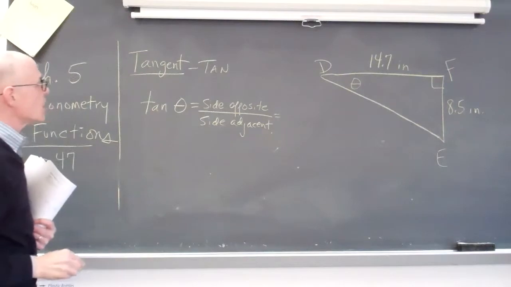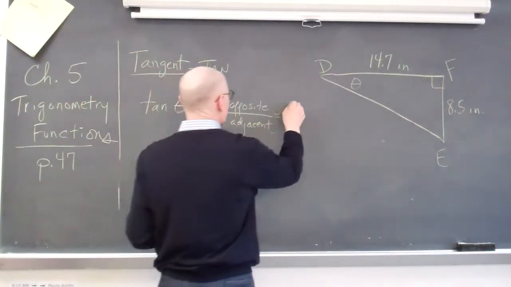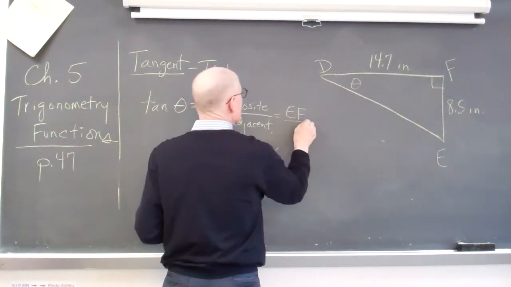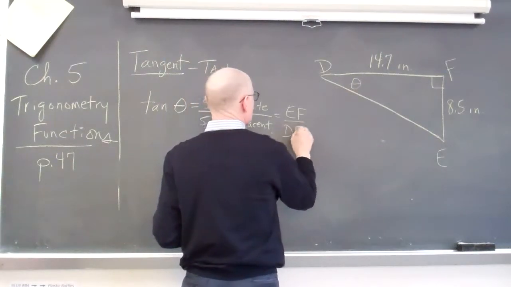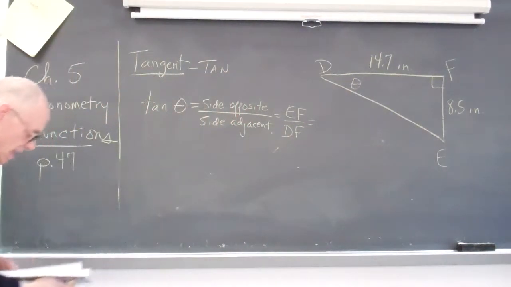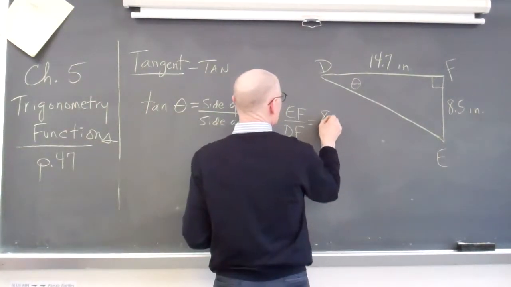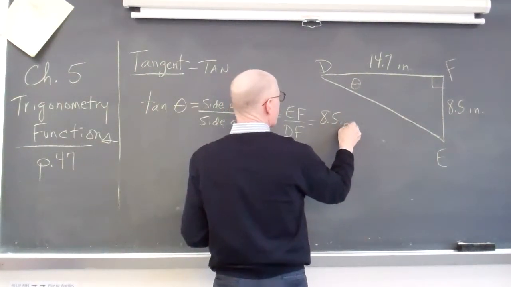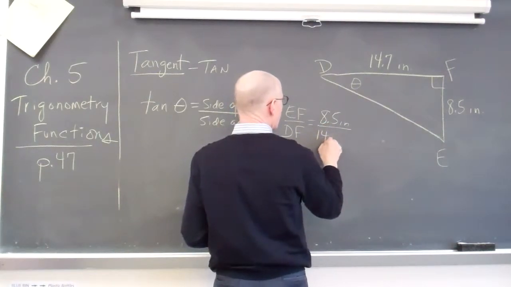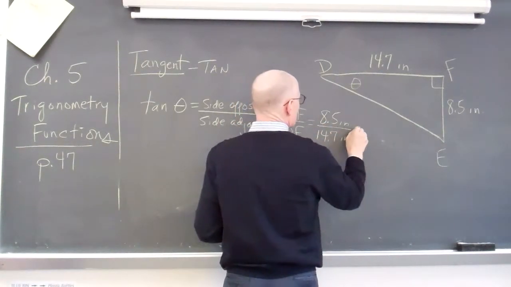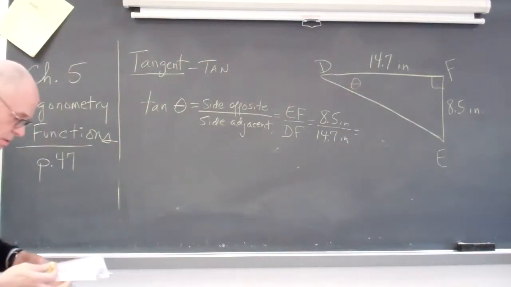So in this case, the opposite side is EF, adjacent side is DF. So we can plug in the known information, 8.5 inches divided by 4.7 inches.